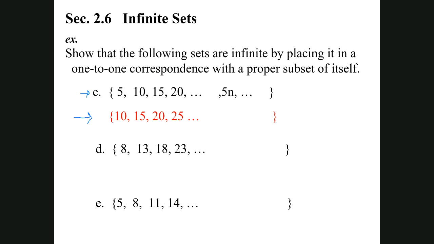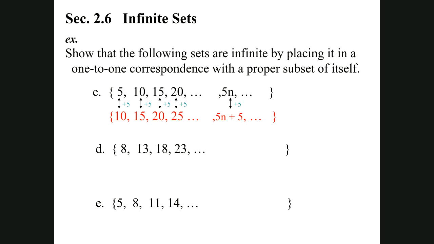To create that one-to-one correspondence, to go from 5 to 10, we add 5. To go from 10 to 15, we add 5. To go from 15 to 20, add 5. To go from 20 to 25, add 5. And so we're creating this one-to-one correspondence. To go from 5n, we add 5, and we go to 5n plus 5.